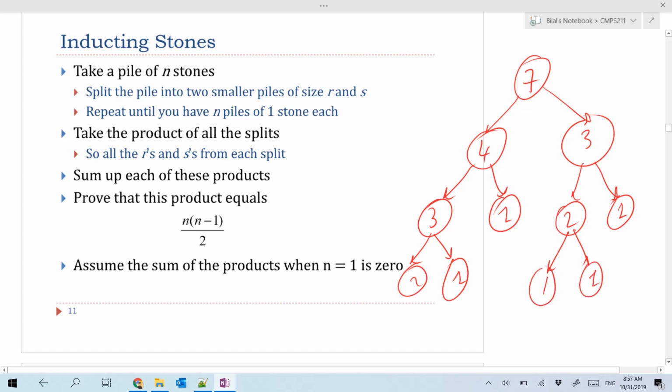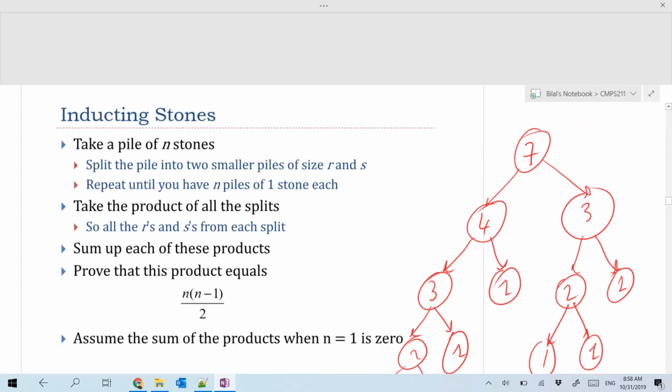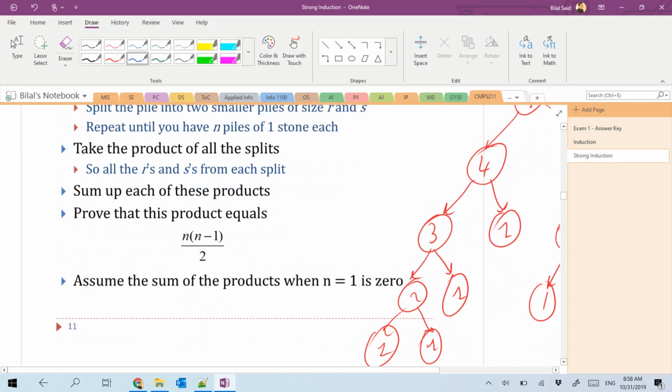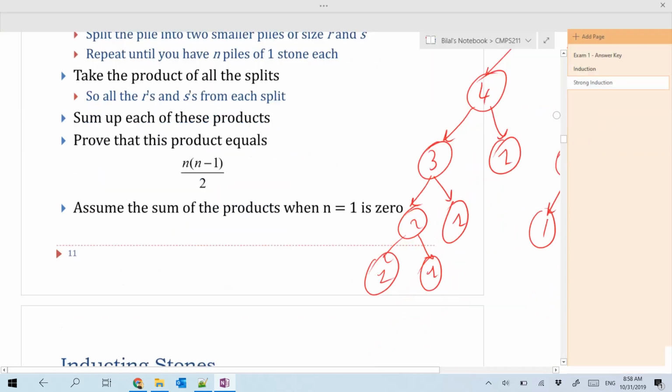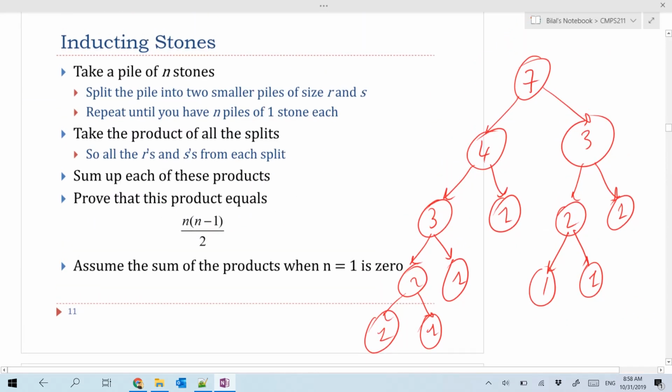And same here. If we take the product of all the splits, so all the R's and S's from each split, for example here, let's say R and L instead of S, to say right and left.